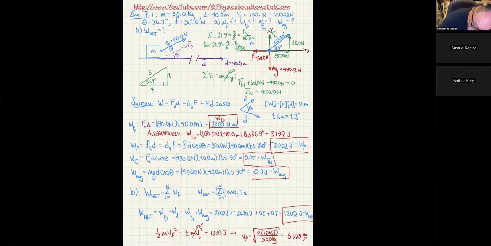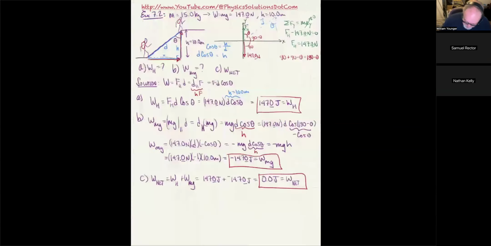This is unrelated to the example we were doing, but it's an example where we use the work energy theorem to conclude that the box we were sliding against friction increased speed, going from 0 meters per second to about 7 meters per second.